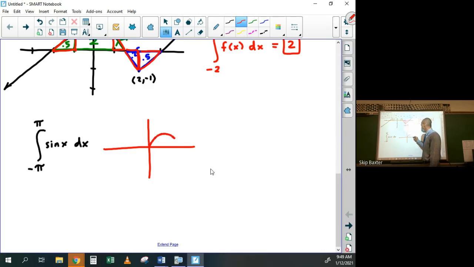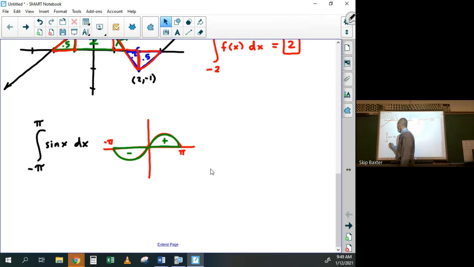Sine x looks like this. There's negative pi. The answer is going to be 0, 100%, because you're going to have this stuff here, which has the exact same size and shape as this stuff here, but one of them counts as a positive area, one of them counts as a negative area, so the answer is just going to be 0. They're going to cancel each other out.